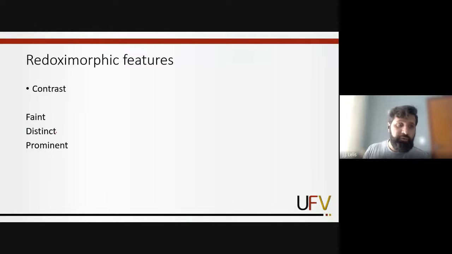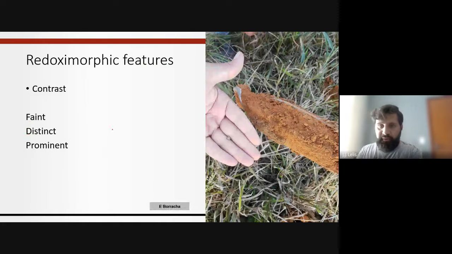We also should describe the contrast of the reduximorphic features compared with the matrix. So we can identify a faint, a distinct, or a prominent contrast between the reduximorphic feature and the matrix. If the color of the reduximorphic feature and the soil are quite similar, it's hard to distinguish them, or it's quite hard to find these materials here.